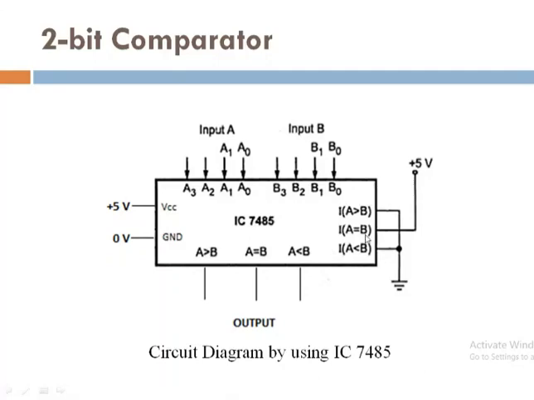Now this is a cascading input, so for a 2-bit comparator, less than or equal, the A is greater than B and A is less than B inputs should be connected to ground, and A is equal to B should be connected to VCC. So this is the circuit diagram with the help of IC 7485.